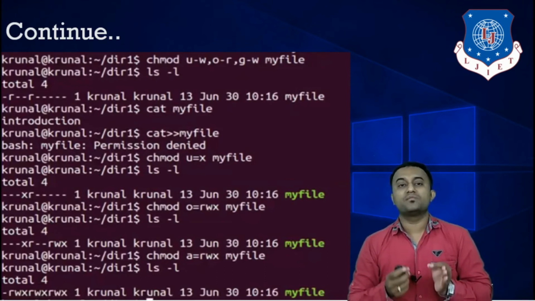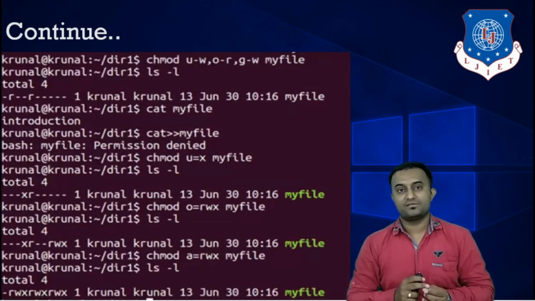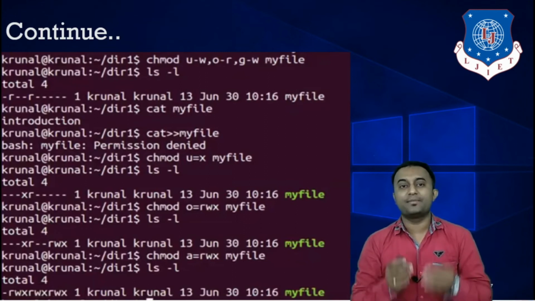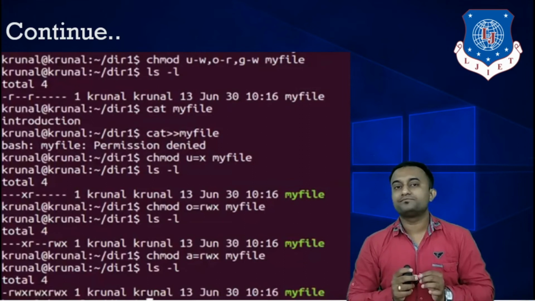Minus means we are discarding those privileges, or you can say access rights. Plus means we are adding the privileges, minus means we are discarding them. So w means write operation, and o-r means read permission, and w is write permission.